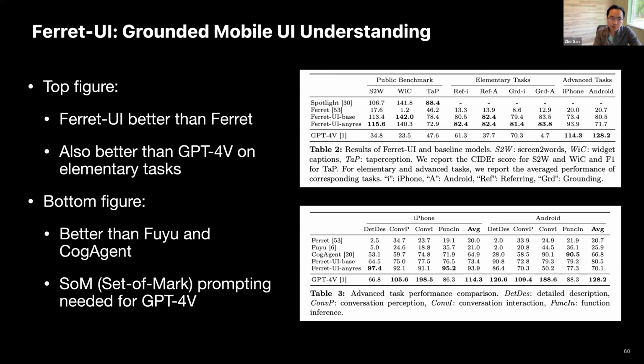Back then we also did a more detailed analysis of how the results look, and we designed benchmarks that can evaluate the capability of a model to understand the iPhone screen or the UI.